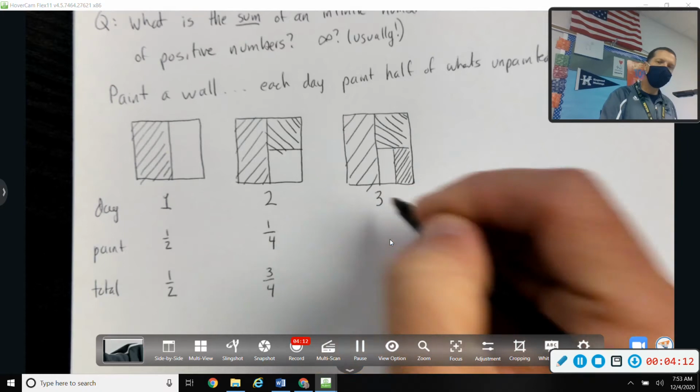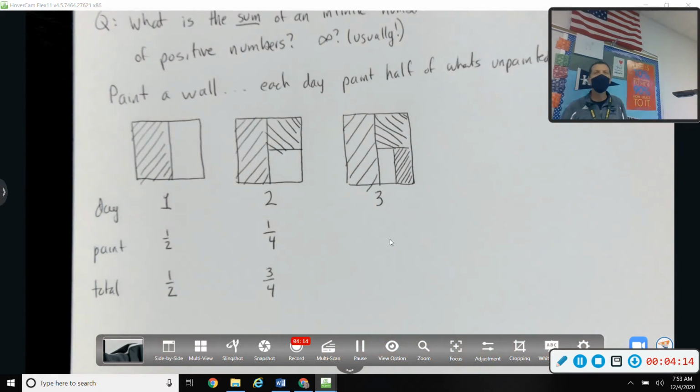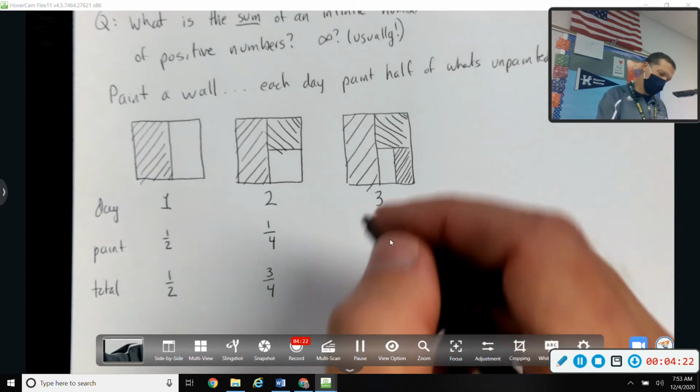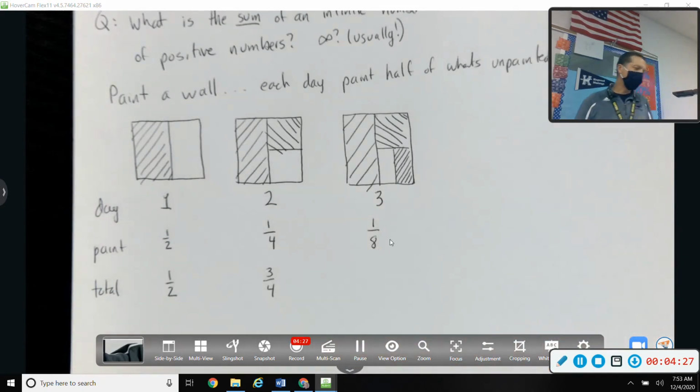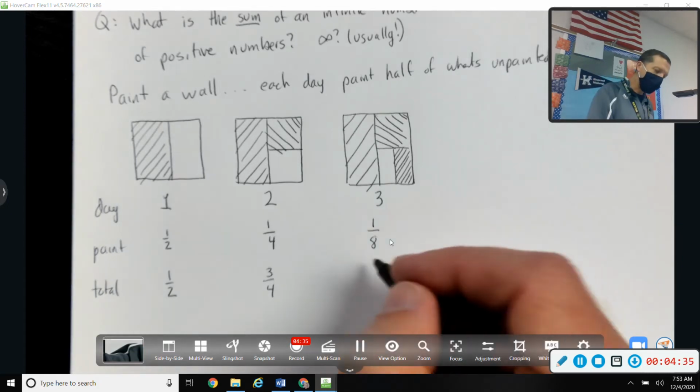So day 3, we painted half of what's left. So how much of the total wall did we paint that day? 1/8, yeah. Painted 1/8 of the wall. Now we start to get a little tricky here. How much of the total wall is painted at the end of the 3rd day? 7/8.